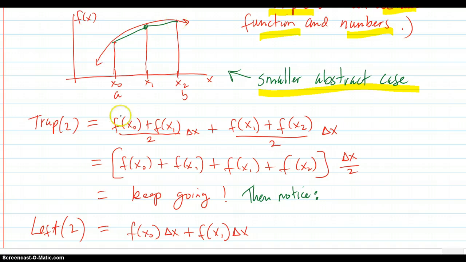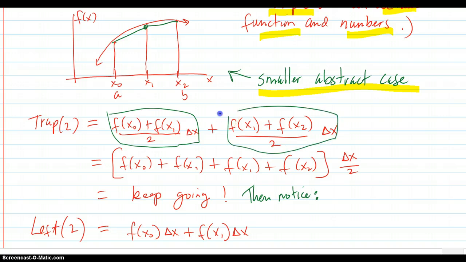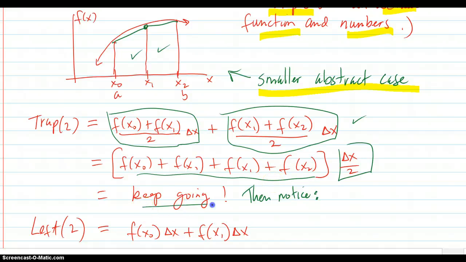So it's going to be the average of the bases times the height, and the average of the bases times the height on the second one, so those are two covered right here. Factor out delta x over 2 and get this, and it's looking pretty easy now because you can see some relationships there, so you just keep going.